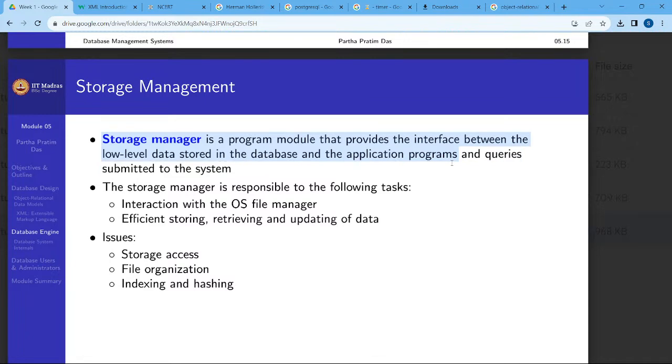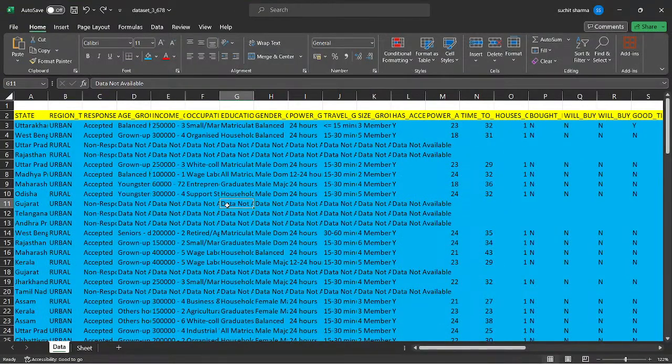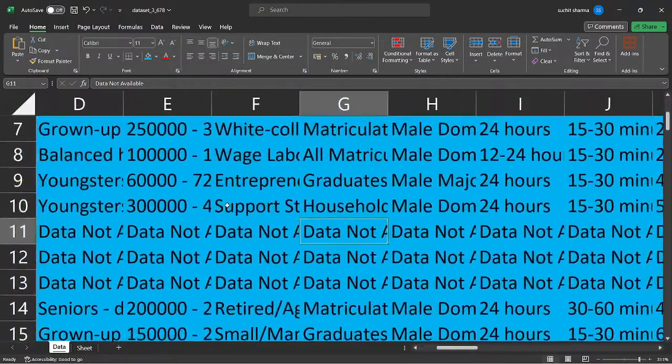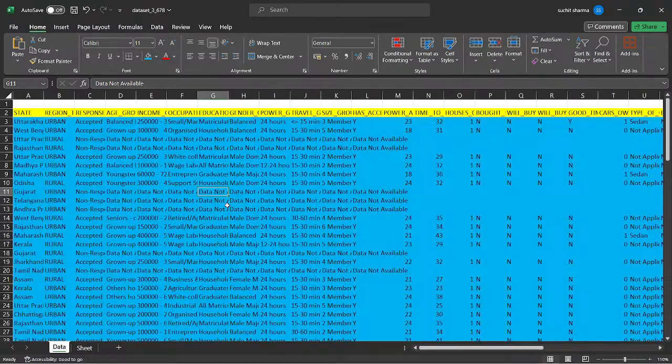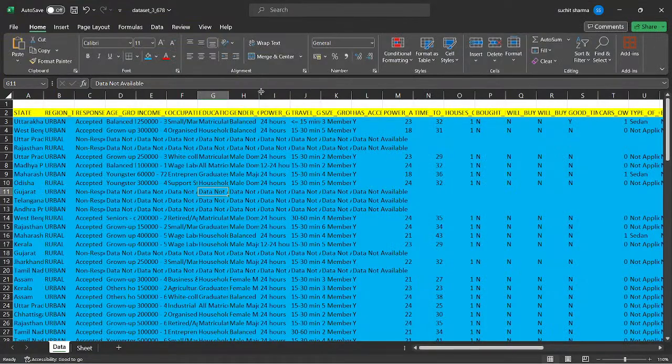So let's say this is the low level data, right? This is the primary data or the very raw data that exists. Now the storage manager is an interface between that data and the queries that are submitted to the system. So let's say I gave a query to remove this column, power group.